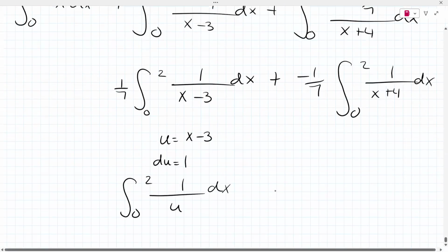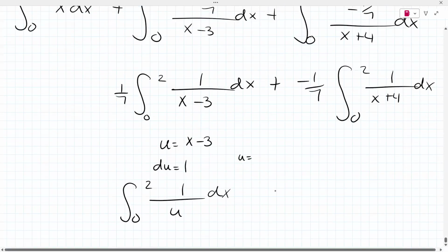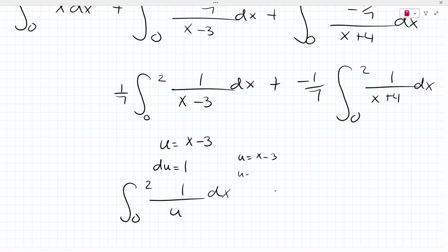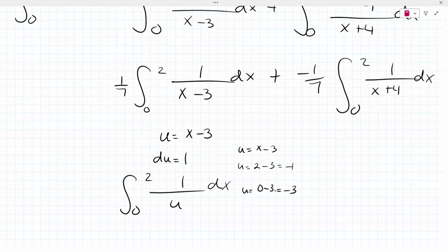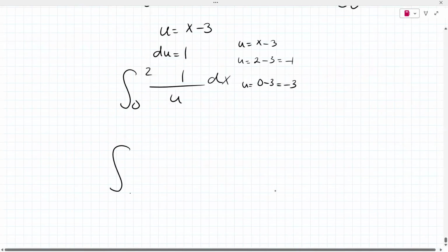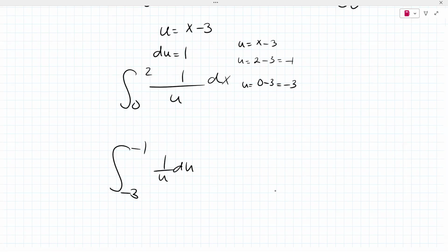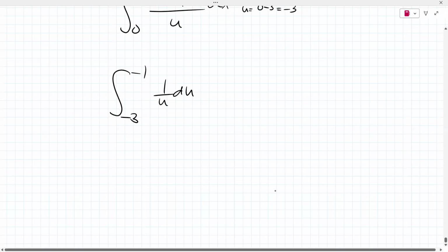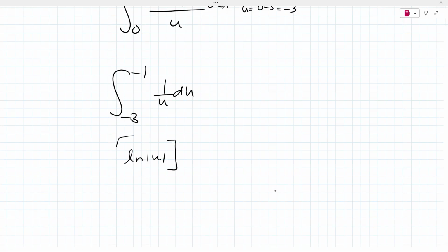So if u is x minus 3, and x is 2, then u equals 2 minus 3, which is -1. And the lower boundary is 0 minus 3, which is -3. So we can rewrite this as the integral from -3 to -1 of 1 over u du. And the integration of 1 over u is ln of u from -3 to -1.